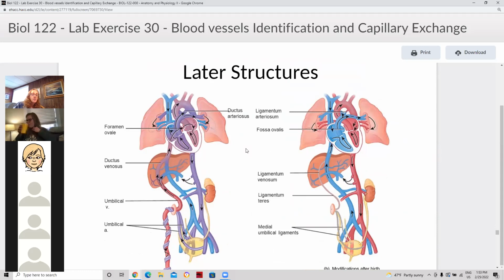We saw in lab the ligamentum arteriosum. It's a little connection between the aortic arch and the pulmonary trunk, and it was the ductus arteriosus in the embryo.